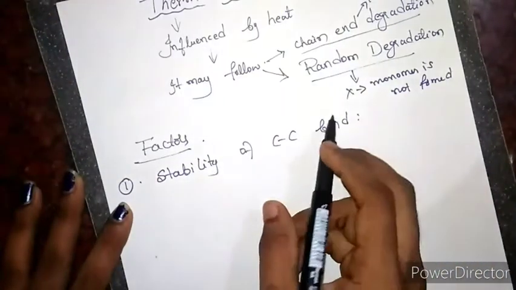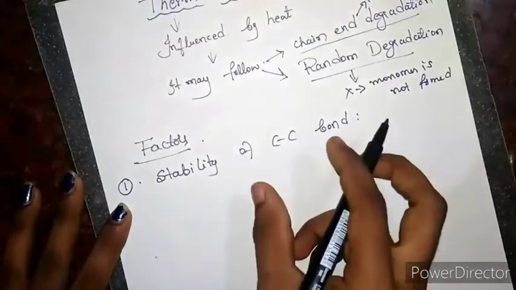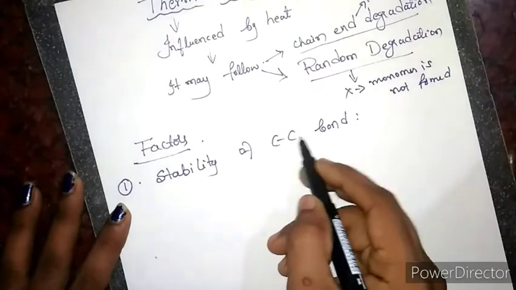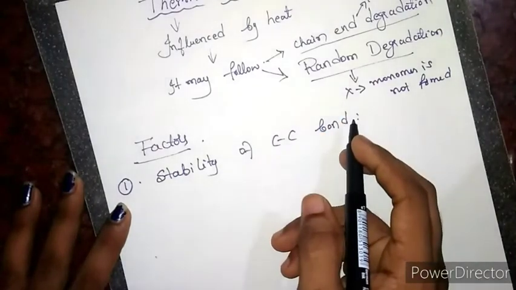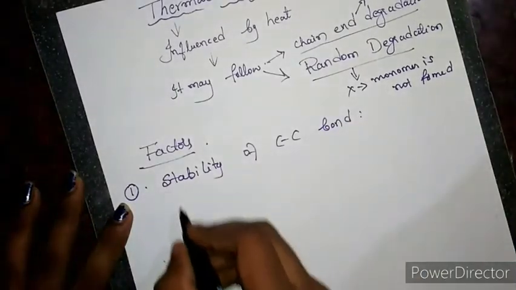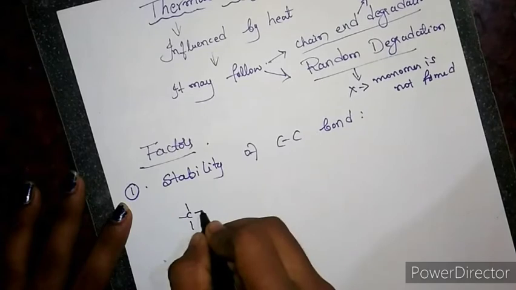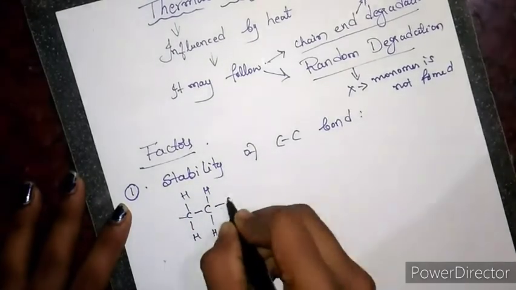We know that most polymers have CC bonds in the backbone of the chain, right? So the stability of that CC bond in the polymer backbone decides the thermal stability of that polymer. Let me take an example of polyethylene. Polyethylene, you have this unit, like this.